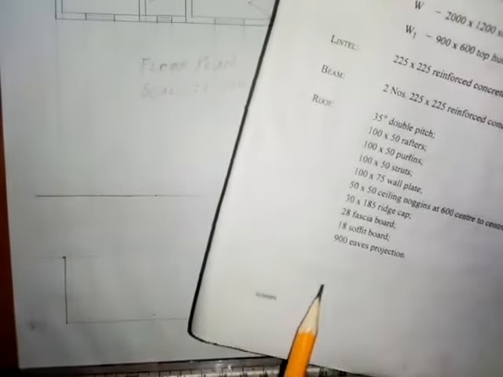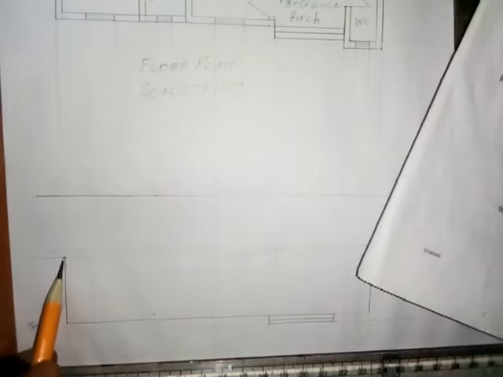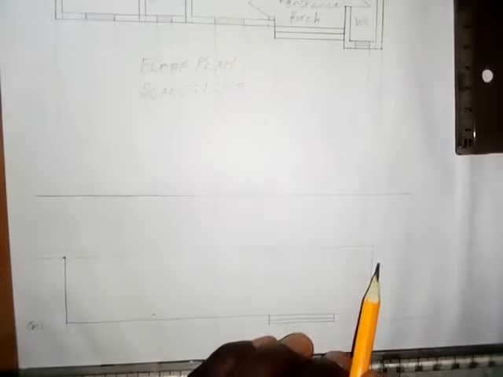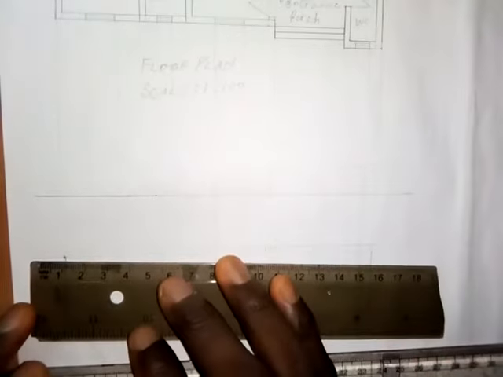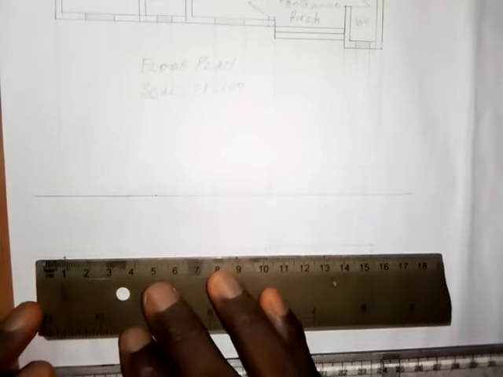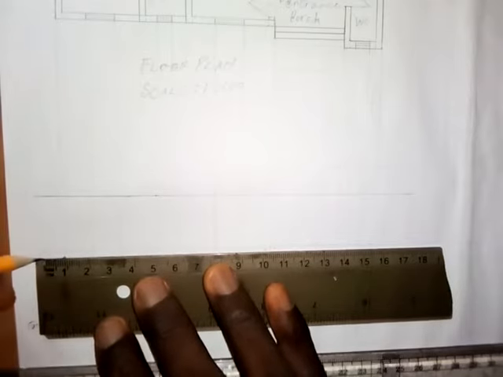Then the next is the east projection. The east projection is the distance of the end of the roof from the wall. So the wall stops here. We take a distance of 9 millimeters from here to this side, and 9 millimeters from here to this side. This is the external part of the wall. The east projection is 900, and 900 divided by 100 gives us 9.